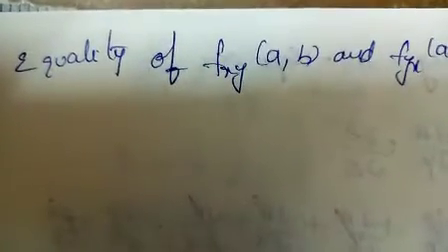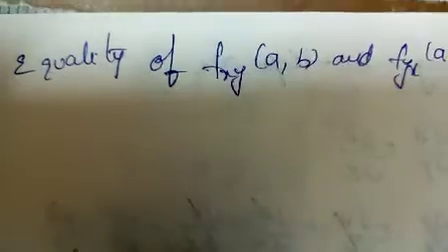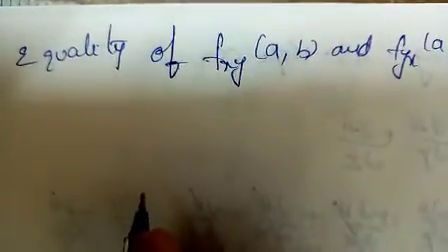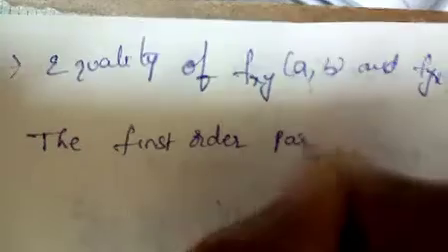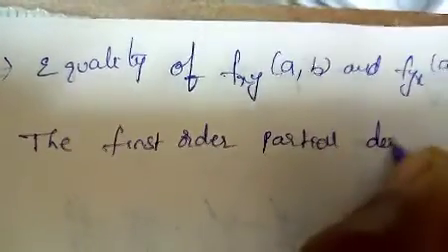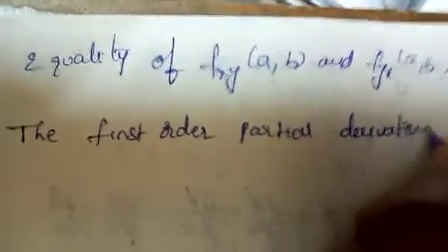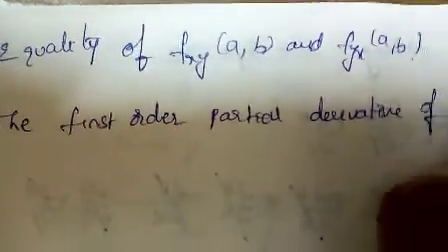So now the second order partial derivative of the function f is what? Fxx. So the first derivative of the function f is fx. Similarly, the second order partial derivative of f is fxx. So now write the first order partial derivative of the function f is fx.